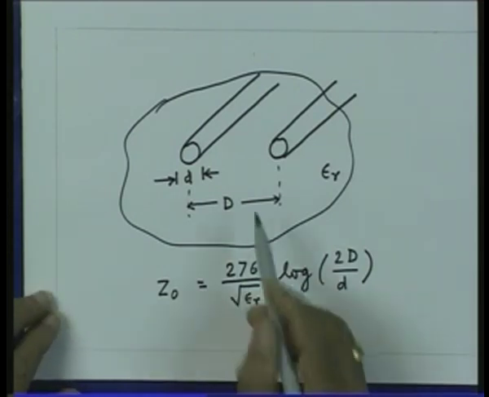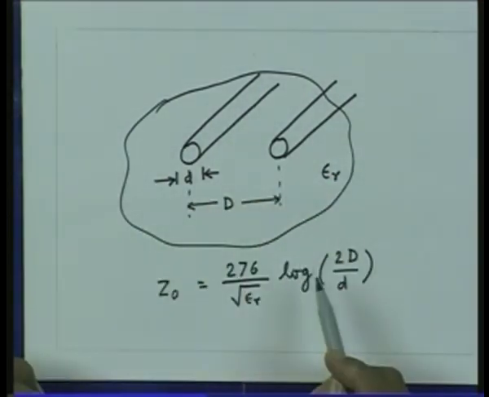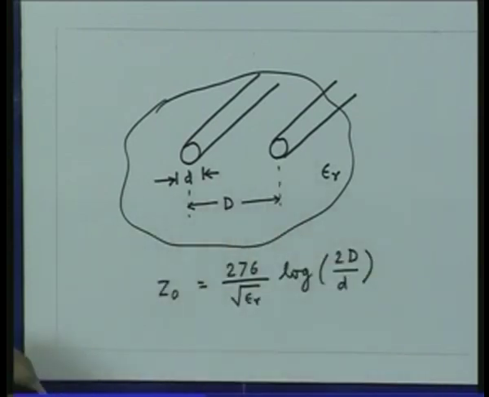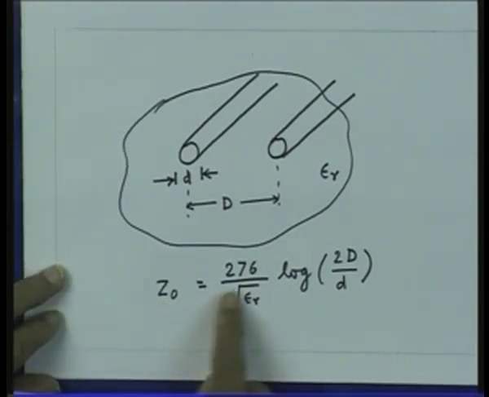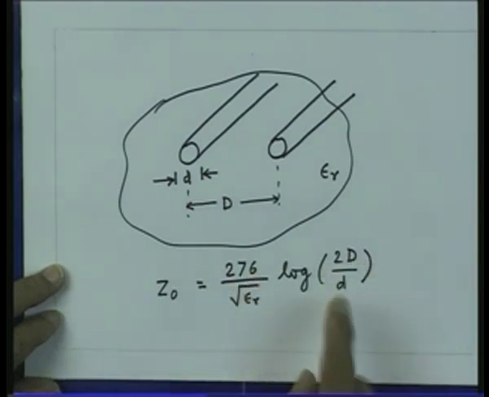As I mentioned, the dielectric separating this conductor normally is air, because normally this structure is realized as an open structure. So, epsilon r is generally 1. So, if I take epsilon r equal to 1, then Z0 will be 276 log of 2D upon d.